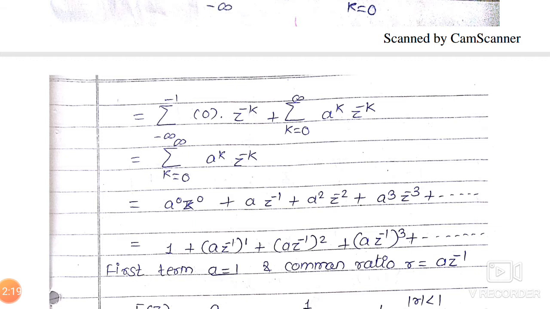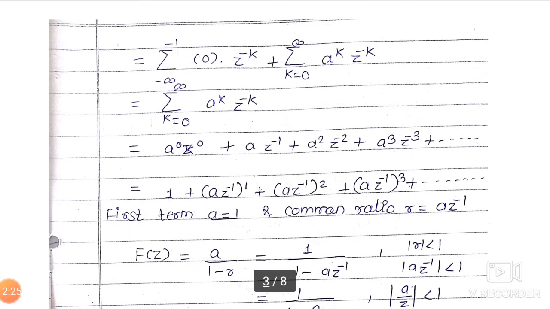So because we are writing the above sequence in GP, see here, first term is what? 1, and this sequence has a common ratio, and that common ratio is here az inverse. So a is the first term and r is the common ratio. R is here az inverse. That means above sequence is in GP.